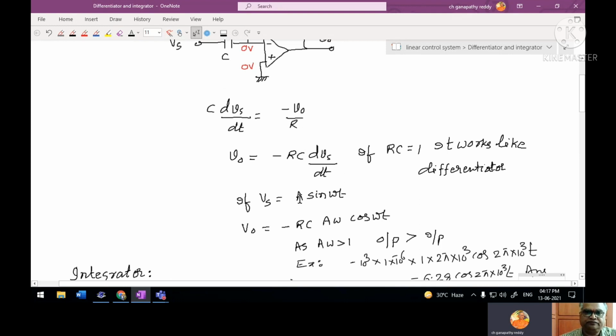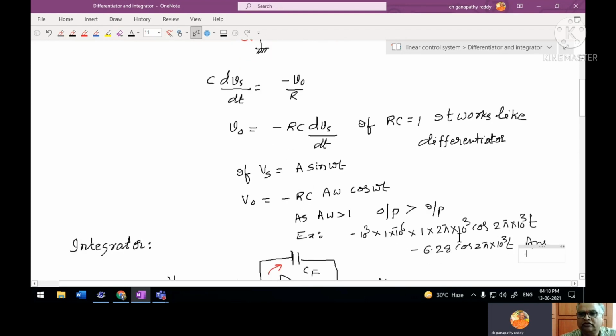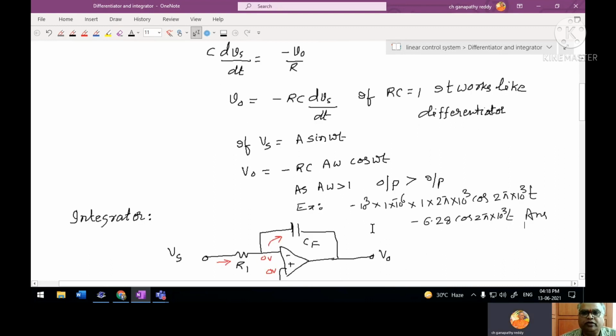In place of Vs, if I take A sin omega t, then you get minus RC times the derivative of A sin omega t. Omega will come out: A omega cos omega t. So the cos omega t amplitude is decided by RC, A and omega.